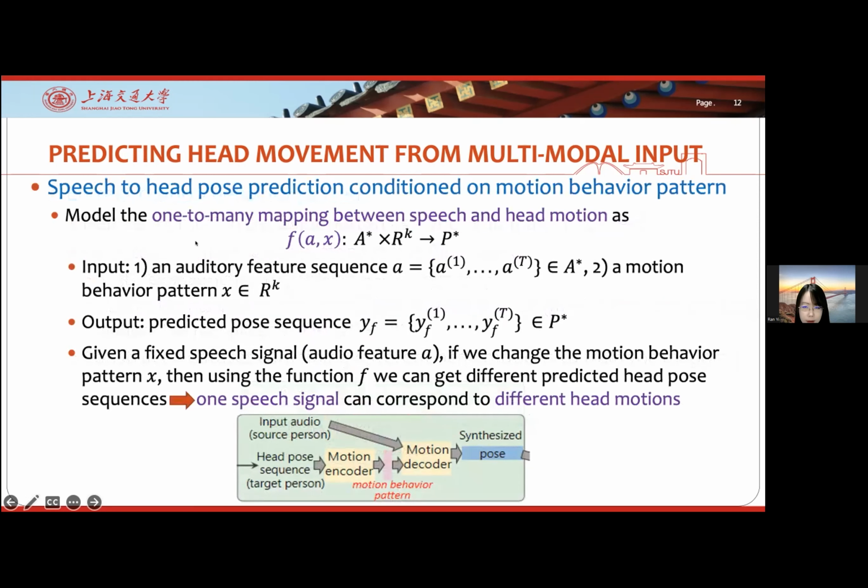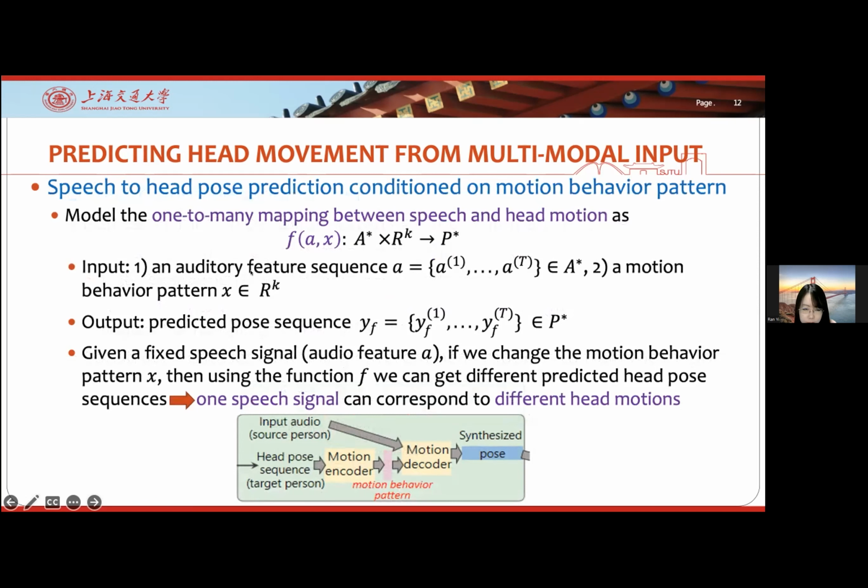And after we have extracted the head motion behavior pattern, we model the speech to head motion mapping as a one-to-many mapping with this function F(A, X). Here, A is the auditory feature extracted from a speech signal, and X is the motion behavior pattern extracted before.